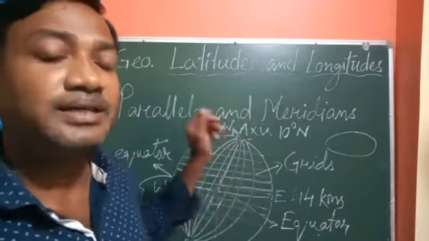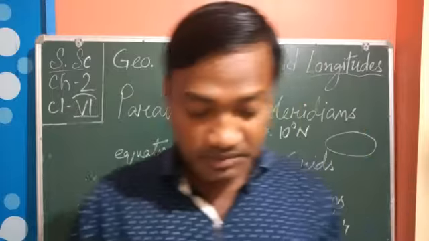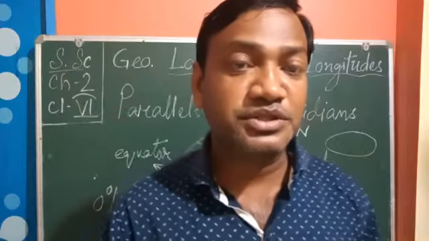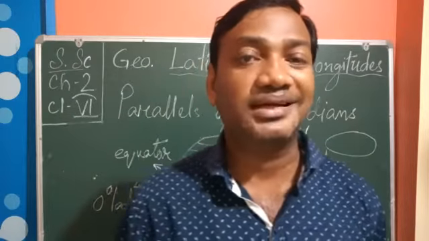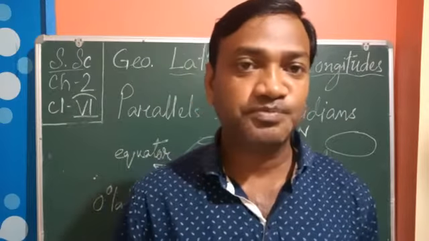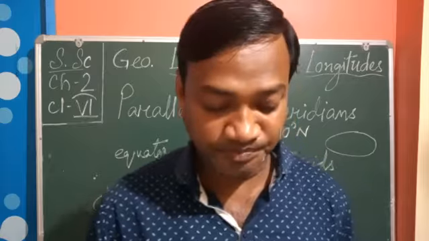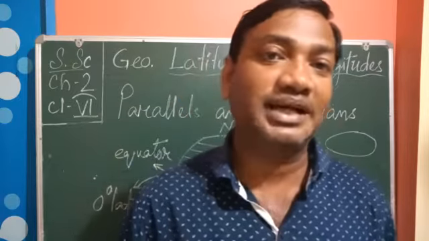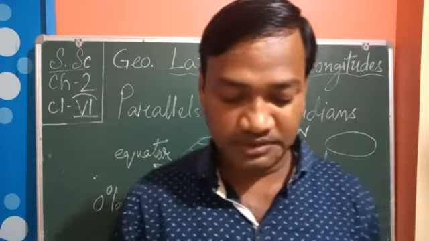Here a 1 degree gap is there. And this 1 degree, if we measure on earth, is 111 kilometers. That you have to understand. 1 degree means 111 kilometers on earth.